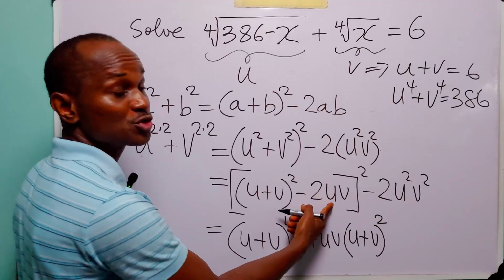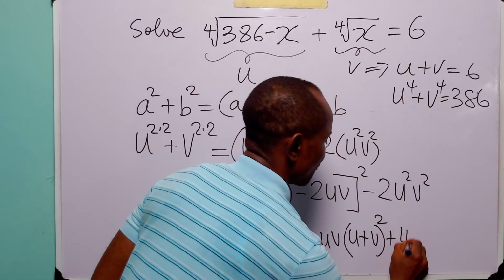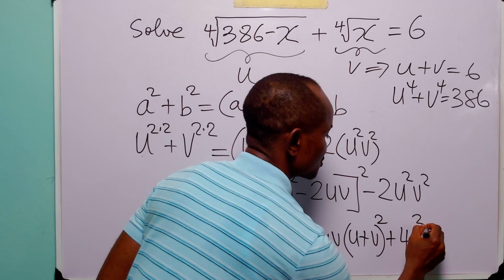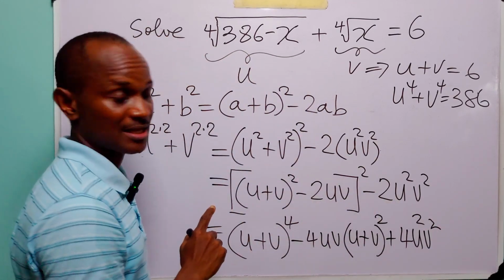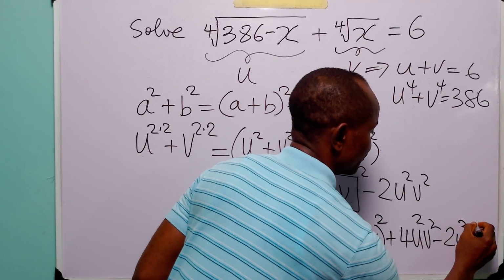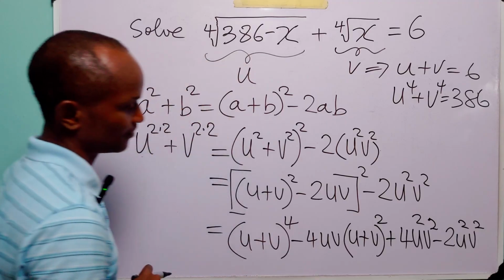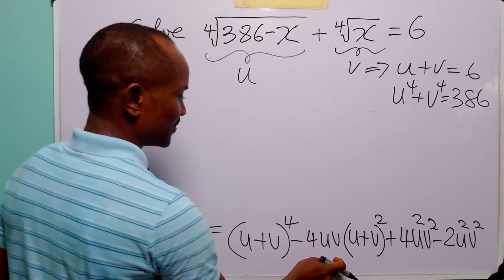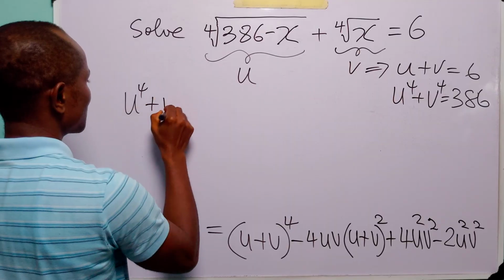And then we have minus 2uv squared, which is going to give us plus 4u squared v squared. Then of course we have this term, which is minus 2u squared v squared.